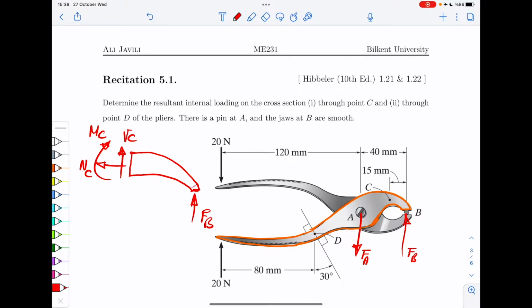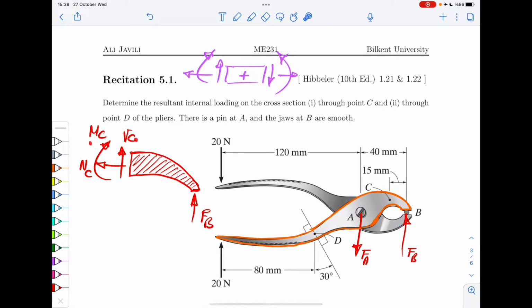Okay, please pay attention that we draw these forces and moments in accordance with the convention that we defined previously. So if you remember, we said if you have a little piece, the plus directions for shear forces are like that, for normal forces are like that, and then for moments are basically like this. All right?